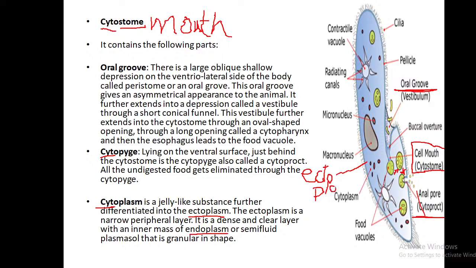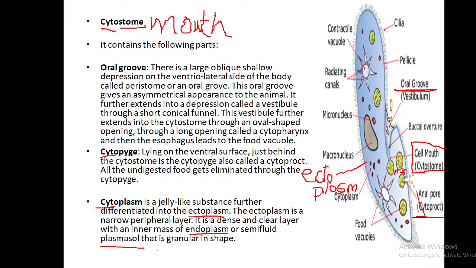The interior region, the dense and clear cytoplasm towards the inner region of the cell, is called endoplasm. This endoplasm is dense and clear, or semi-fluid plasmasol. Endoplasm is also called the plasmasol.